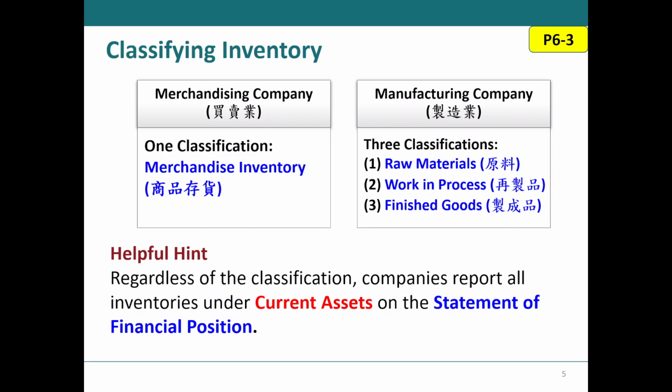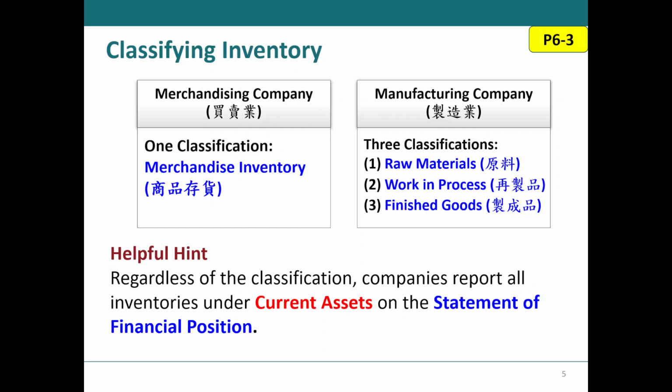But how about manufacturing companies? 制造业 manufacturing company, you buy the material, right? And you put the material into the production process and the product comes out, right? So they have three different kinds of inventory based on the form. First is raw material. At the beginning, we buy the material. Still, that's part of our inventories. And you put the inventory into the production process.